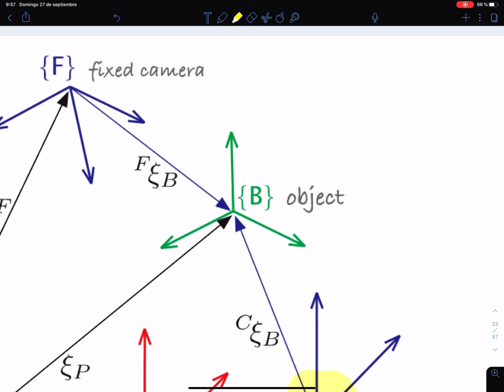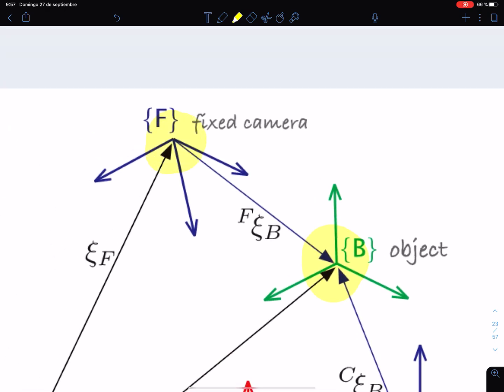Okay, the material with which we are doing operations. This object is attached to a reference frame B. And let us also assume that there is a fixed camera outside the robot. Okay, this will complement the information given by the moving camera attached to the robot. Okay, this is the fixed one and it is attached to coordinate frame F.